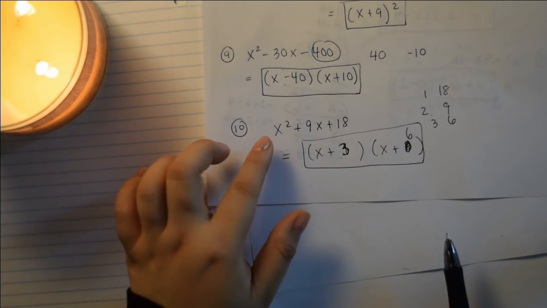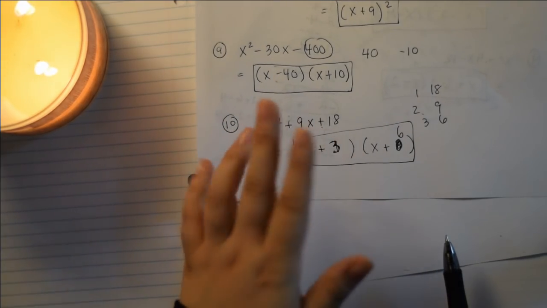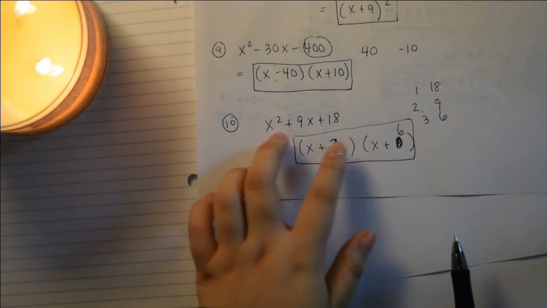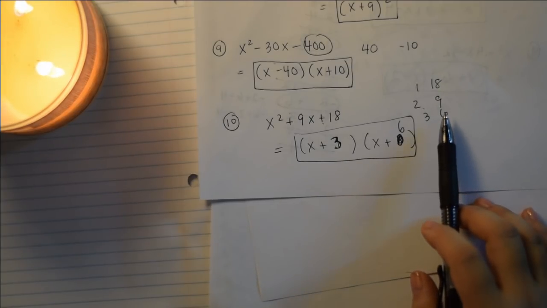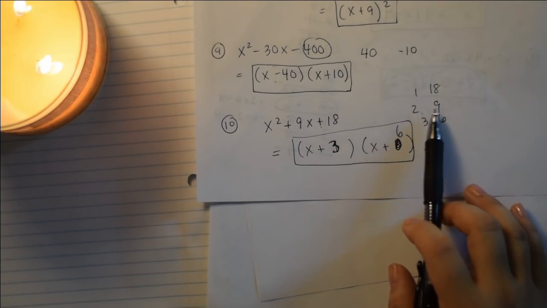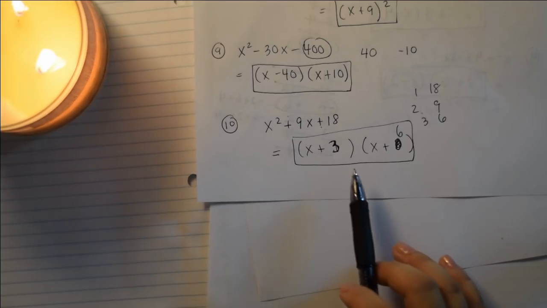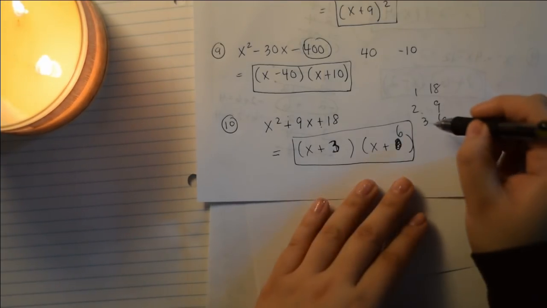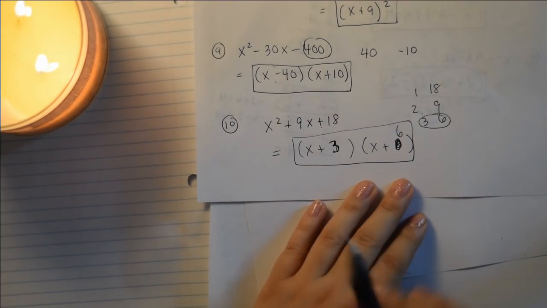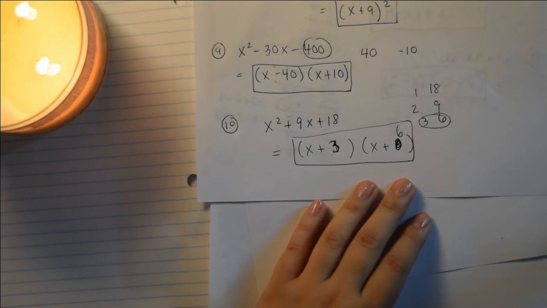And again, because we have just an x squared there, we don't care about the order, because we could just flip these two. And so we just want to have those add up to equal 9. So 3 and 6 is the pair that we want. So x plus 3 and x plus 6.